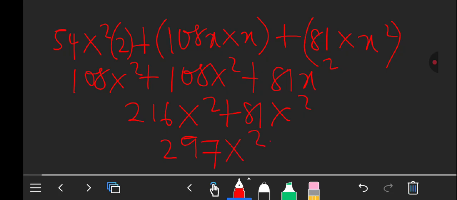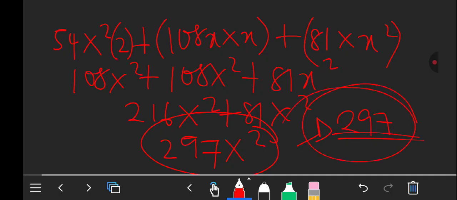Then they asked what is the coefficient of the term x squared in the expansion. So you just get the value, which is the number without including the variable. So it is 297. That is the coefficient. We are done with binomial theorem. That is how you get to solve these questions.